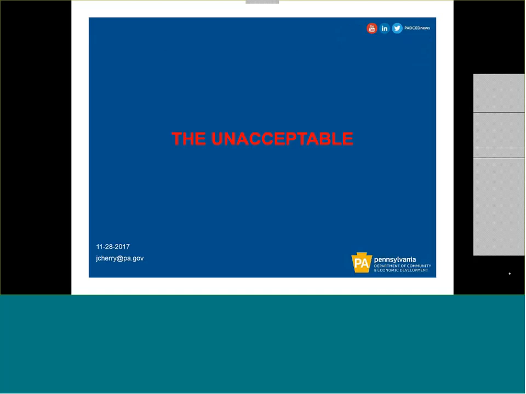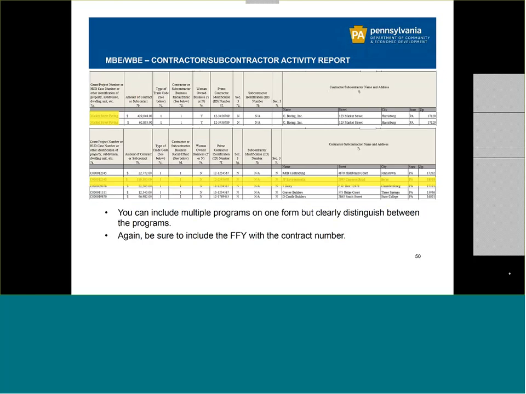And then moving on to our unacceptable type of report, again, it's multiple DCED blueback contracts for one contractor on multiple lines. That's the top example.